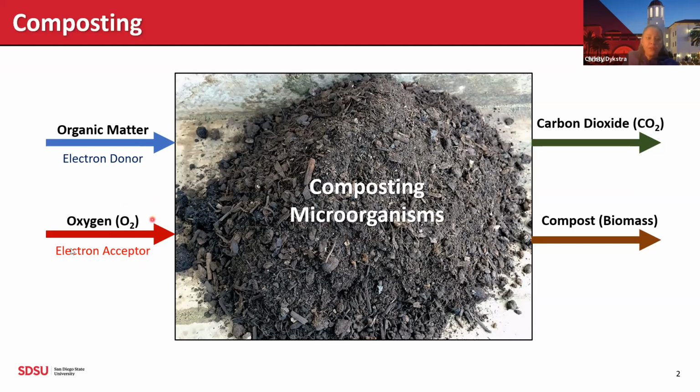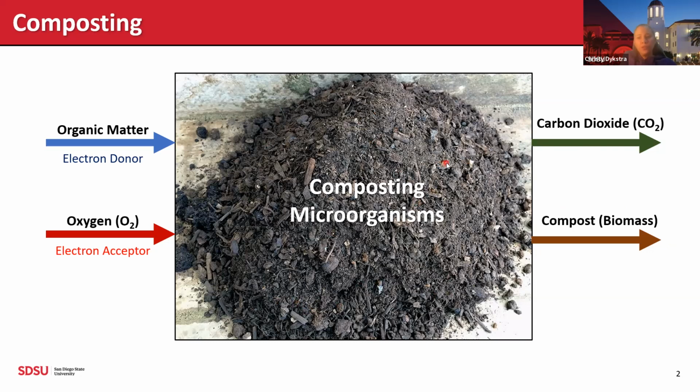So oftentimes we supply air to supply the oxygen. And then coming out at the end, we have carbon dioxide and compost, which, other than some inorganic or inert materials like sand and so on, a lot of times is going to be in the form of biomass. Now, what you see here, there are still some little sticks and seeds and other things that haven't quite degraded.